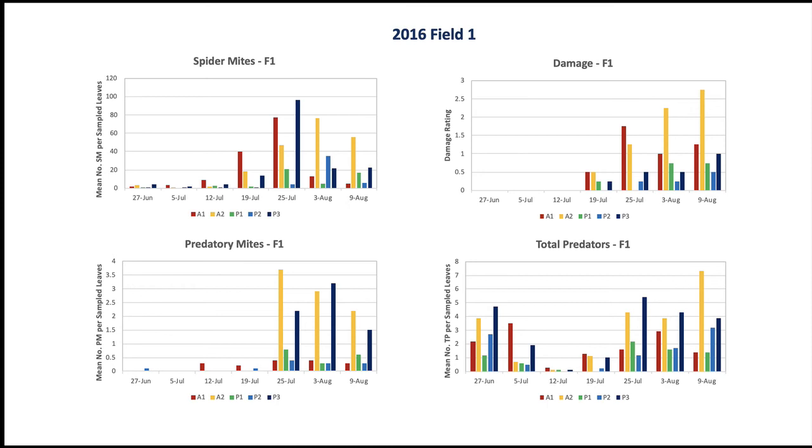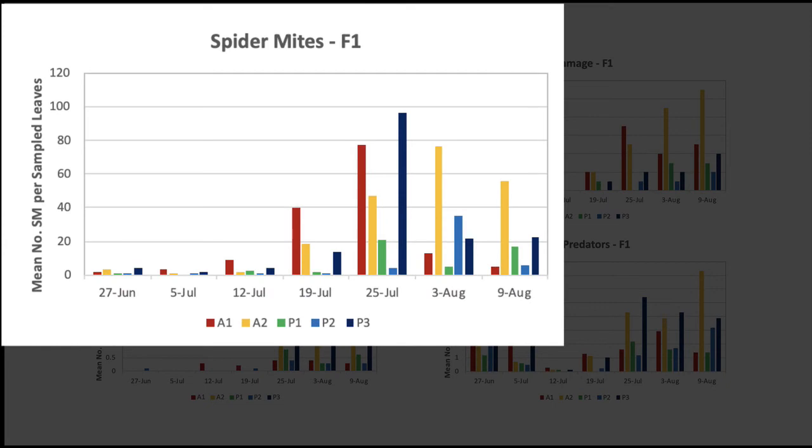So when you start looking at the spider mite populations, when we made the releases on June 27th, the populations were extremely low, as you can see. And then by July 29th, the populations began to increase. They increased fairly heavily in our Asana plots.